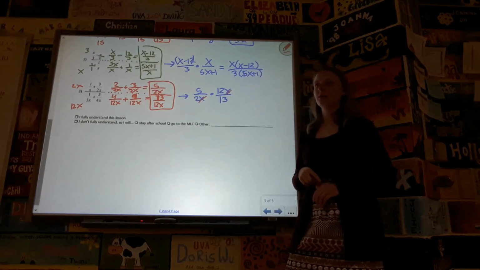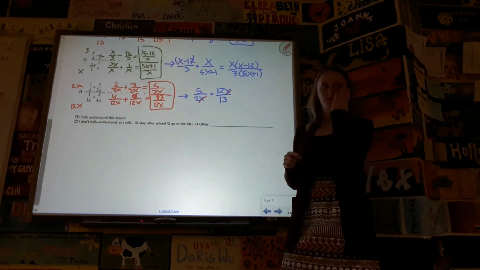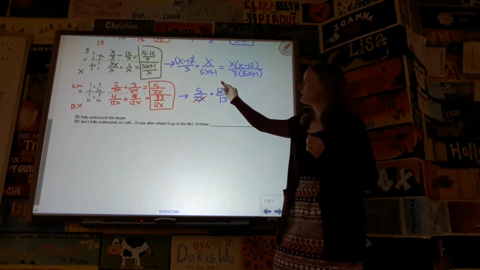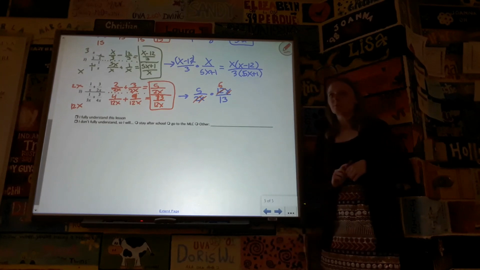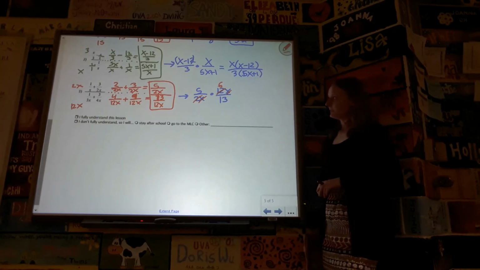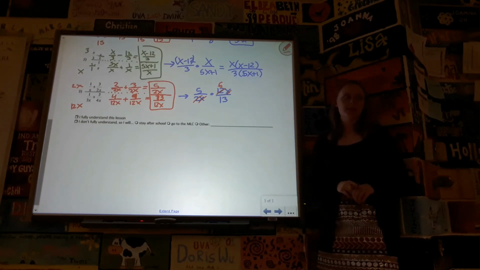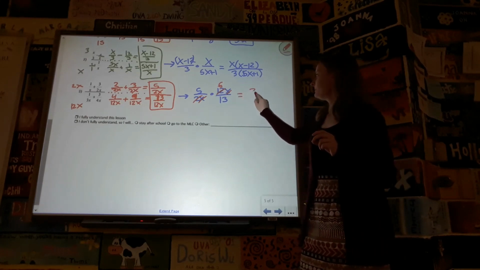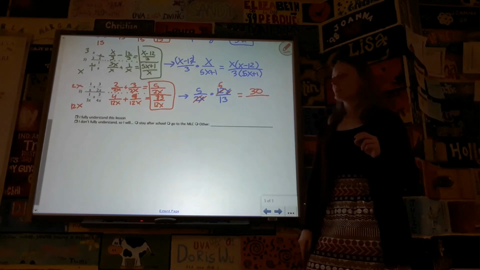Those go away. You cancel out 12, and 2 and 12 leaves me a 6 here. So then I have a 5 and a 6 in the numerator, so when I multiply them, and then what's left in the denominator?